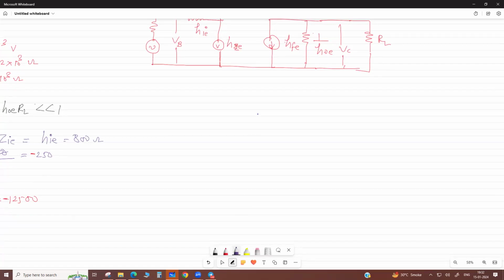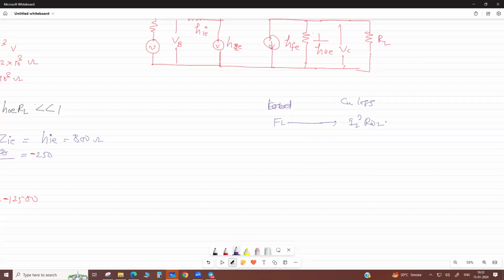Copper losses vary as the square of the load factor times the full load copper loss. See, full load and partial load. If it is full load, what is the copper loss? In that case your copper loss will be I2 square R02 at full load.